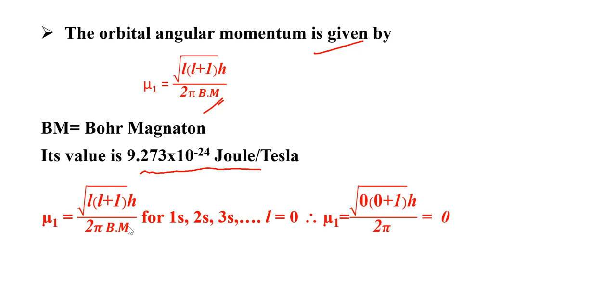Then mu equal to under root of L into L plus 1 into h by 2 pi Bm for 1s, 2s, 3s. There L equal to 0, so it is completely 0. S के लिए कोई angular momentum नहीं है.